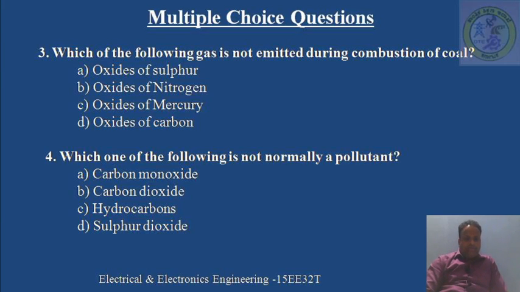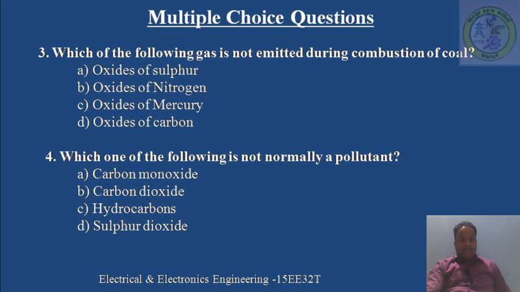Next, we will see the fourth one. Which one of the following is not normally a pollutant? Carbon monoxide, carbon dioxide, hydrocarbons, sulfur dioxide. Carbon monoxide is a pollutant.